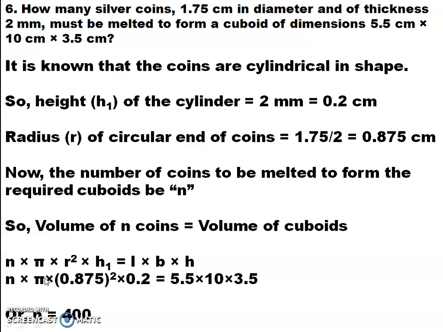N into 22 by 7 into 0.875 into 0.875 into 0.2 equals L into B into H, which is 5.5 into 10 into 3.5. After reduction, you will get number of coins is equal to 400.